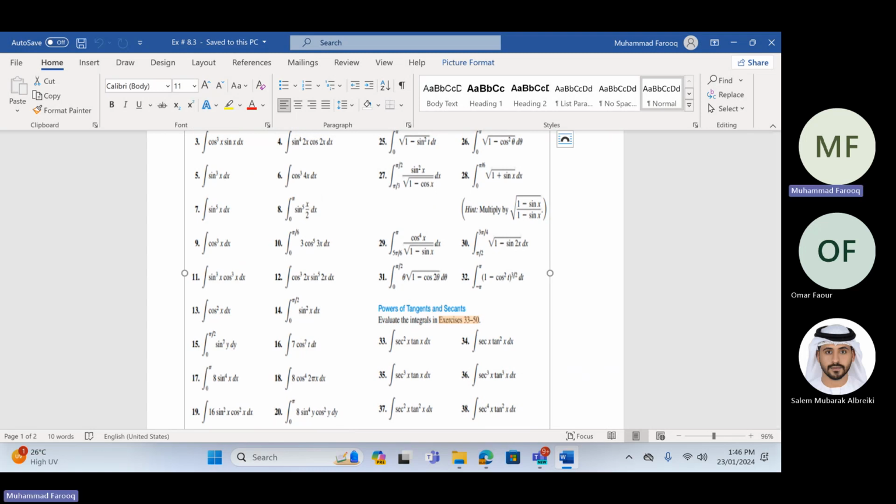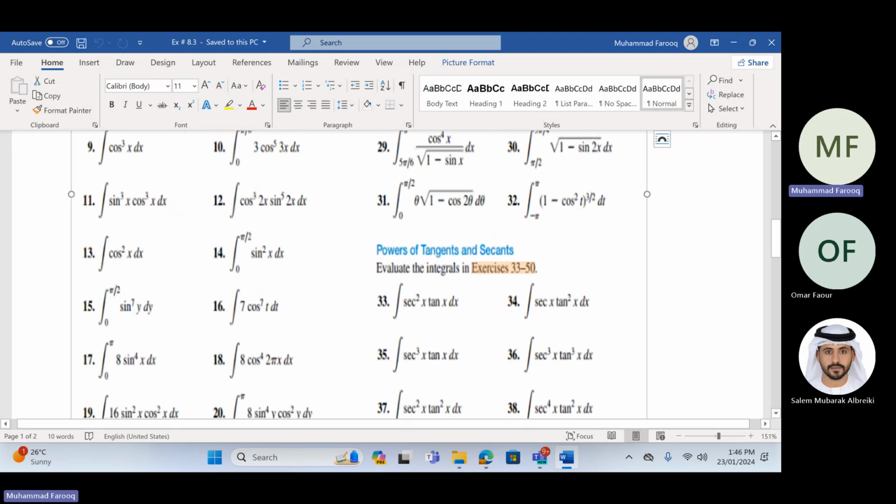Okay, now I understand. At the end, when we simplify, it becomes by parts.